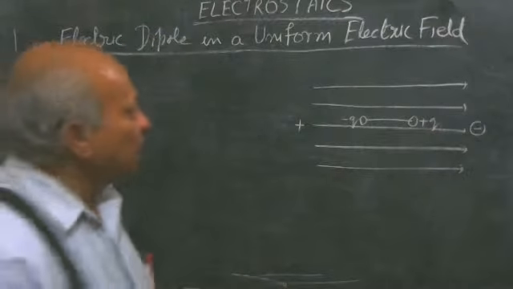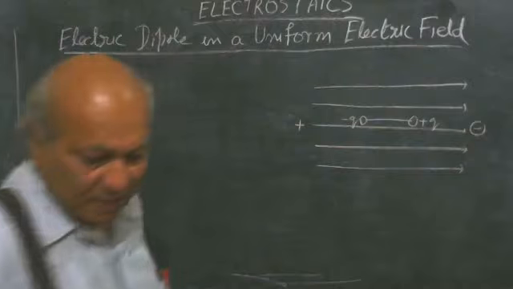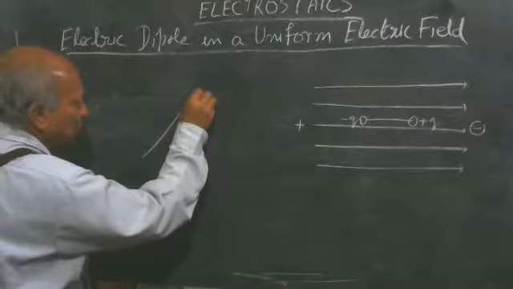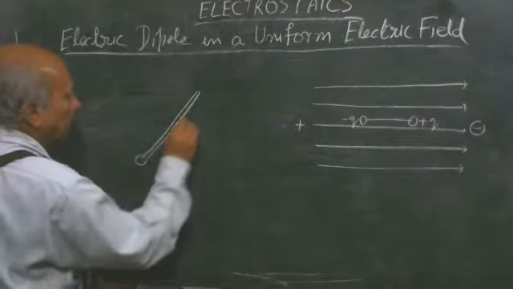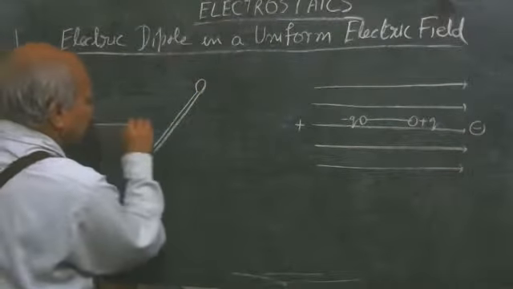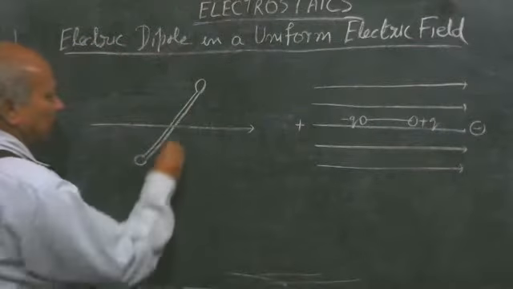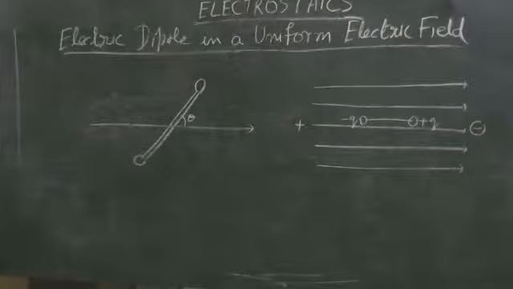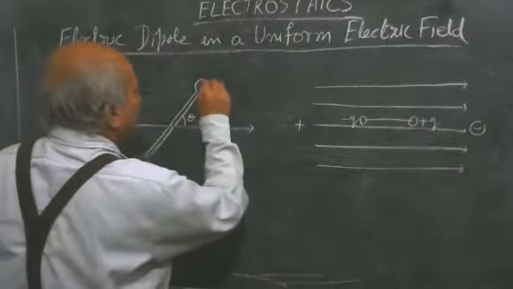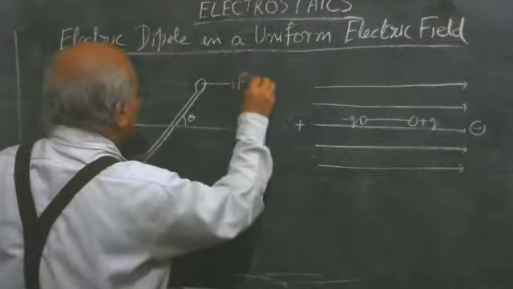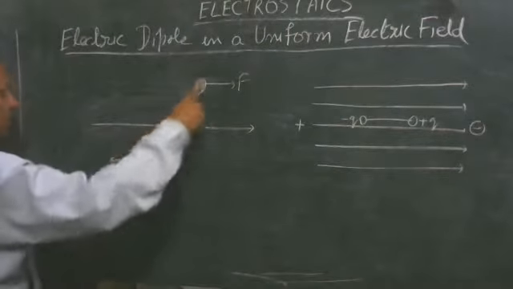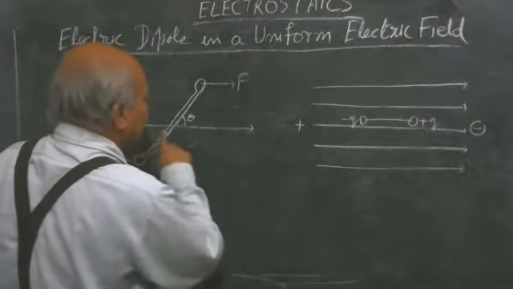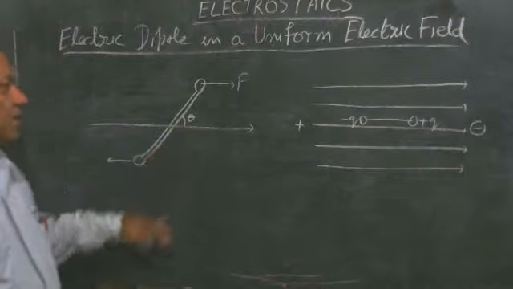Now if we move it slightly, just like in a magnetic field, this is the direction of the electric field, making an angle theta with it. The electric force F on both sides works to bring this into alignment, parallel to the electric field.